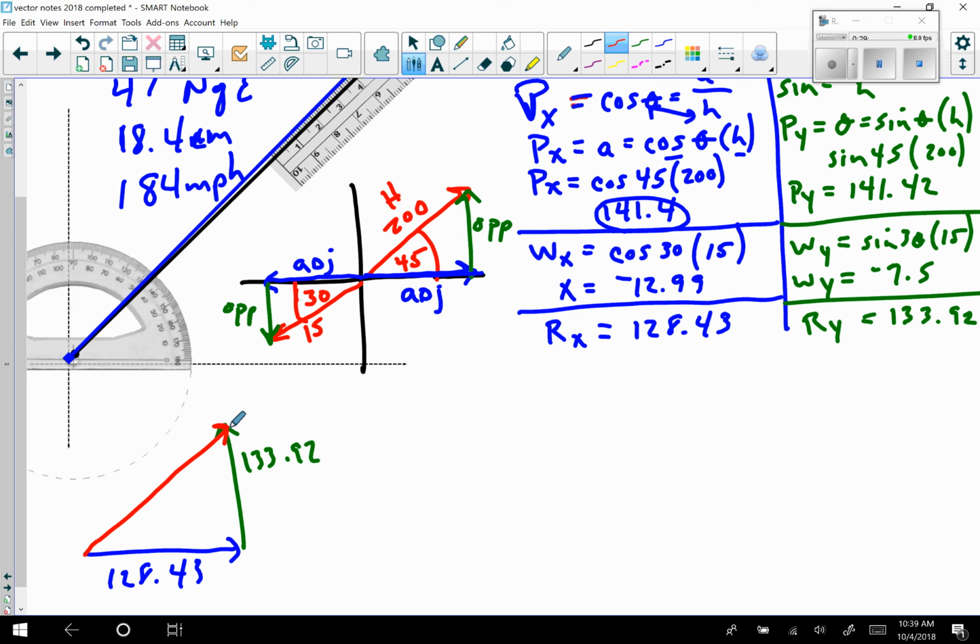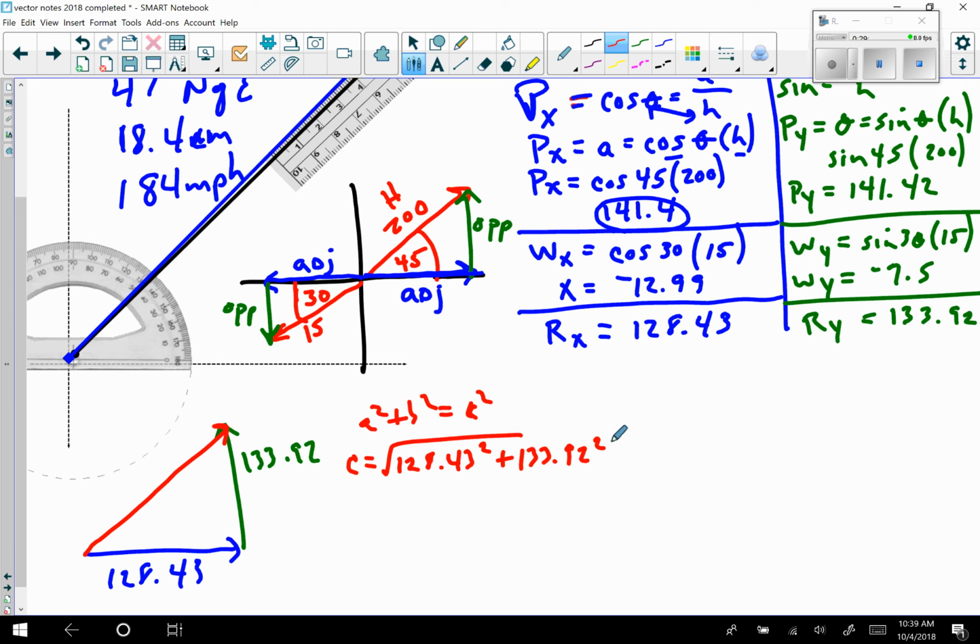So let's figure out how much magnitude that red line would have by taking a squared plus b squared equals c squared. So c is equal to the square root of 128.43 squared plus 133.92 squared.